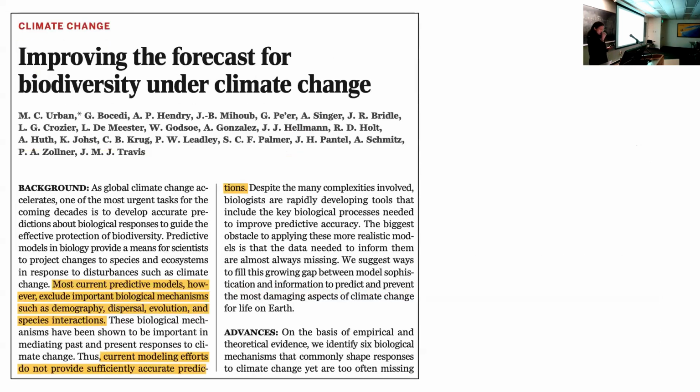There's this good paper in Science that's talking about improving the forecast for biodiversity under climate change. What I love about this paper is what I've highlighted here. It says most current predictive models exclude important biological mechanisms, such as demography, dispersal, evolution, and species interaction.